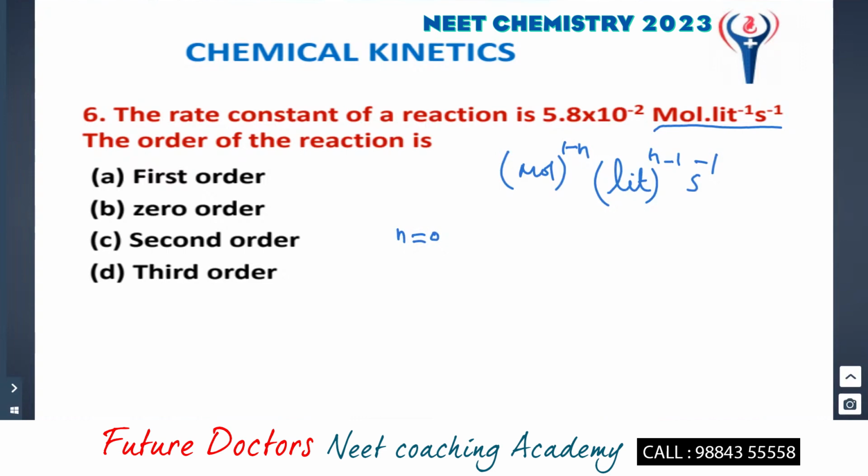N is equal to 0 means what? The unit is mole per liter per second, with seconds inverse. When n is equal to 0, then only we get this unit. Therefore, it's a zero order reaction. Are you following? Understood? If you put n is equal to 0, then only you get this unit.